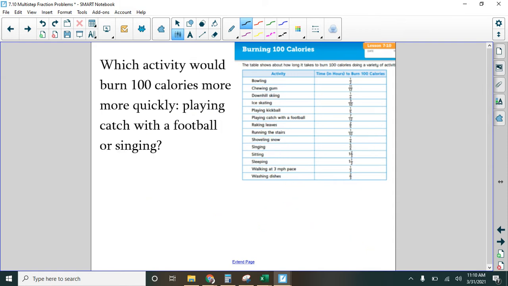So in order to know which one was faster, it's going to be the smaller fraction, the smaller number. When you're looking at speed, if I finish something in 5 minutes and you take 10 minutes, I was faster than you. My time was less. So we're going to look for a smaller fraction. Playing catch with a football or singing? All right, playing catch with a football, 7/12.